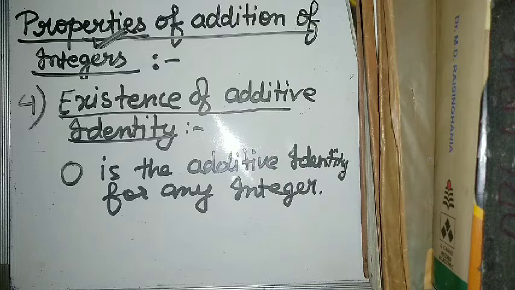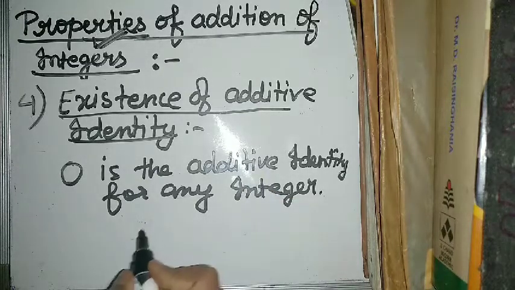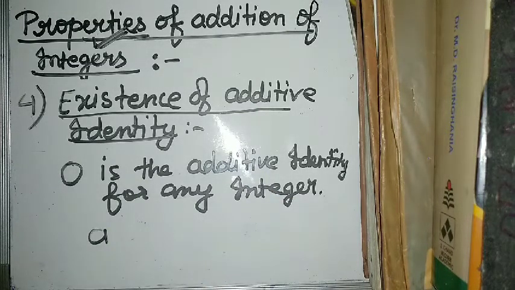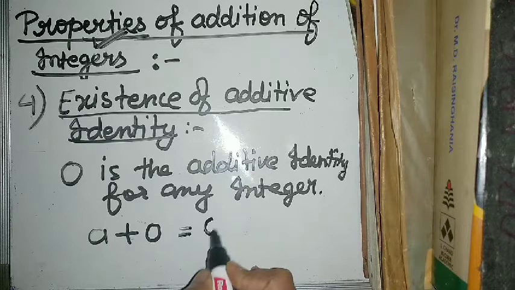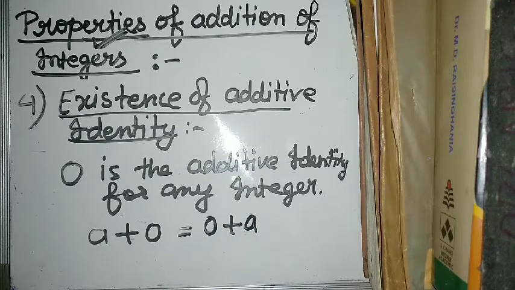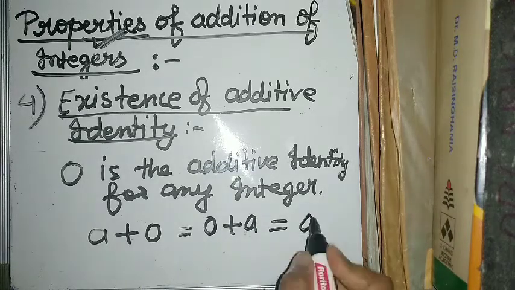All of you have to know, suppose we have an integer a, and when we add this one with 0, or when we add 0 with any integer, the value is only a.